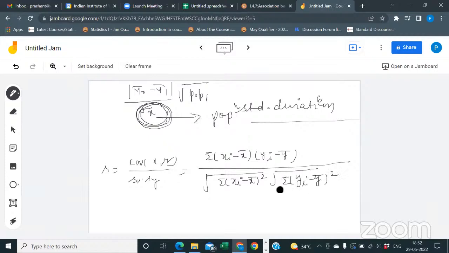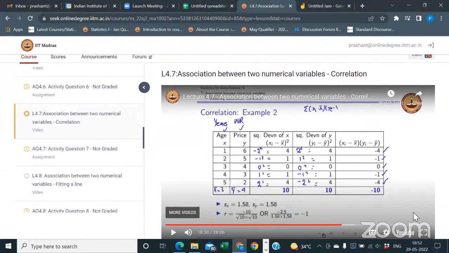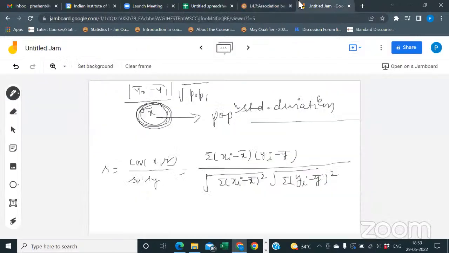Do you know this formula? Yes. In the first one, minus 10 is the product of xi minus x bar and yi minus y bar, divided by square root of 10 and square root of 10. Or you can do minus 2.5, which is minus 10 divided by 4, that is n minus 1, and divide by small sx into small sy, where sx is 1.58 and sy is 1.58. That is this formula.